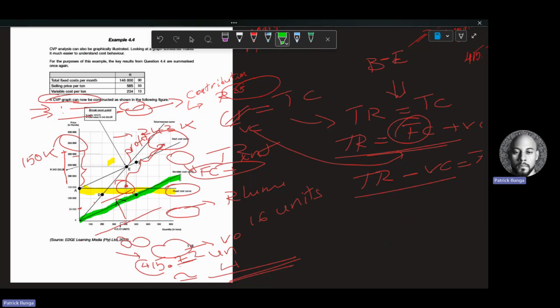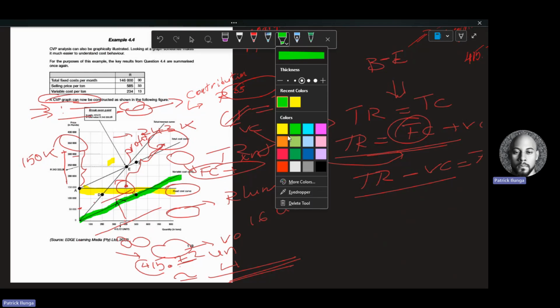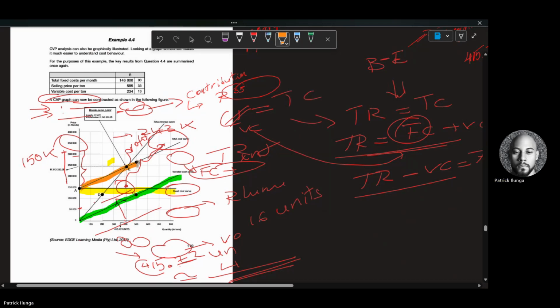You see that, all right? So the addition of these two lines gives you your total cost. You see this line here? That's your total cost. You are adding all the costs, so the fixed cost plus the variable cost gives you your total cost, right?